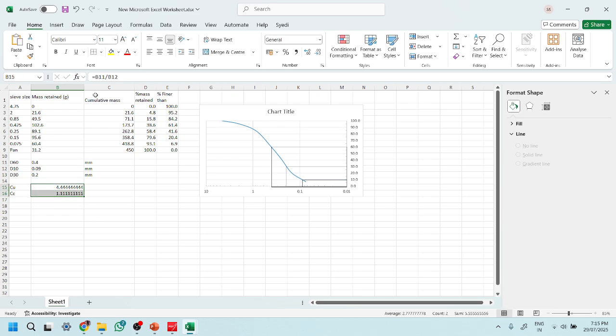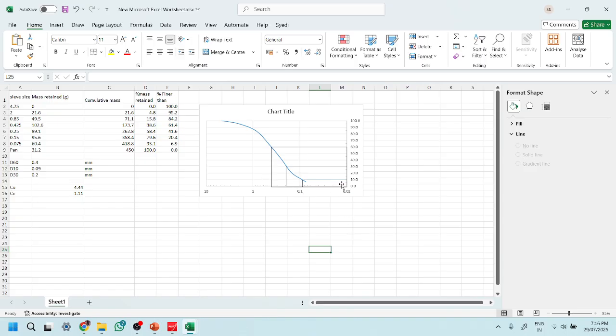So it will be 1.11. Is that correct? Yes, madam. It's correct. Okay. So based on this, what can you say about the gradation or the classification of the soil? I think SW.